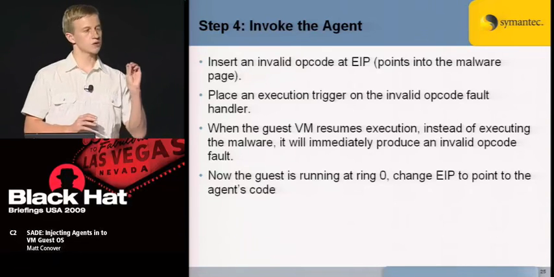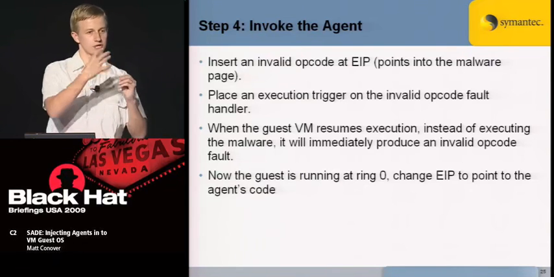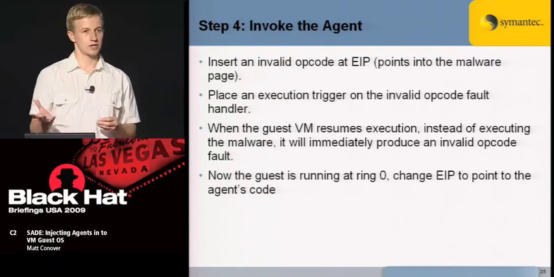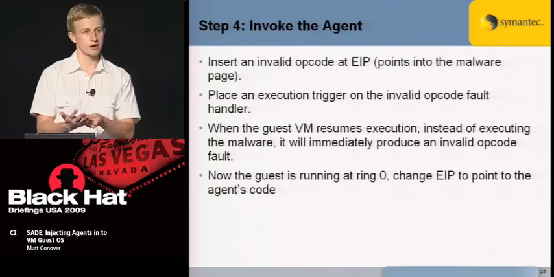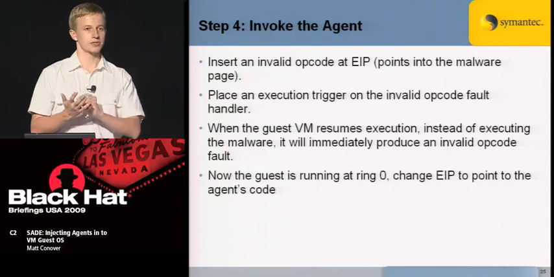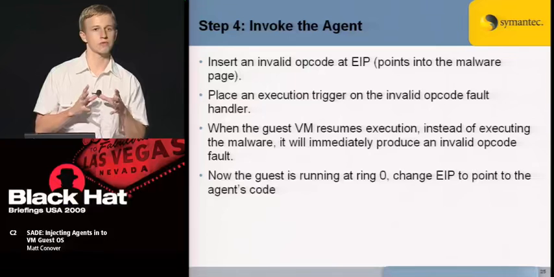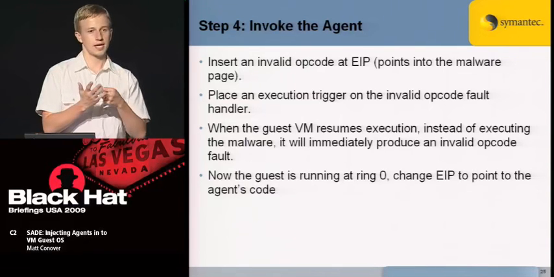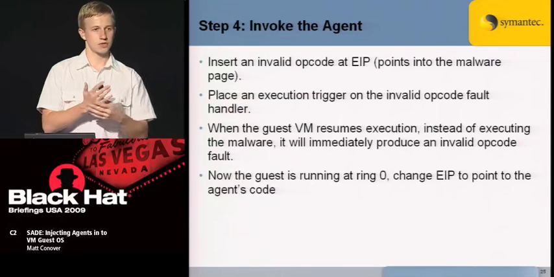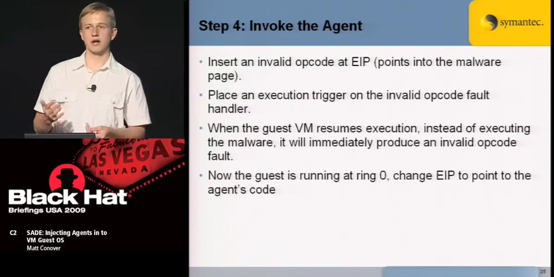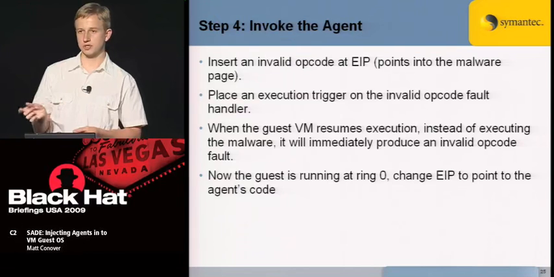So once we trigger this fault, the CPU will go to call the fault handler. Now, when we go to call the fault handler, it won't ever actually be called. So we are not disturbing the normal flow of the user mode VM, because we are going to put a page execution trigger on the interrupt handler. So in other words, for this invalid opcode fault handler, we have a page execution trigger.